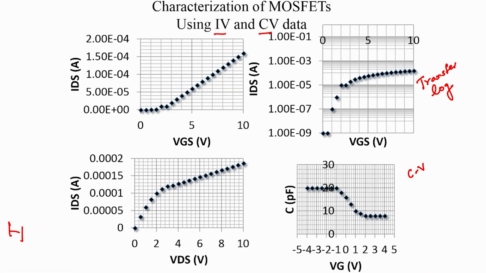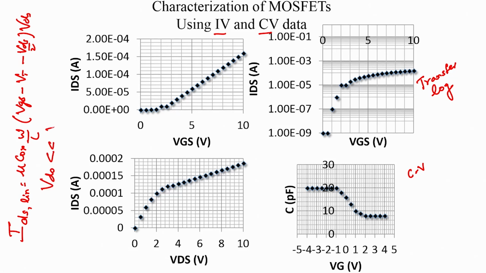We have the current voltage characteristics in linear operation to be mu Cox W over L into (VGS minus VT minus VDS by 2) into VDS. Now, if VDS is made much smaller than VGS minus VT, then we can ignore this term and say that this is our current voltage characteristics.